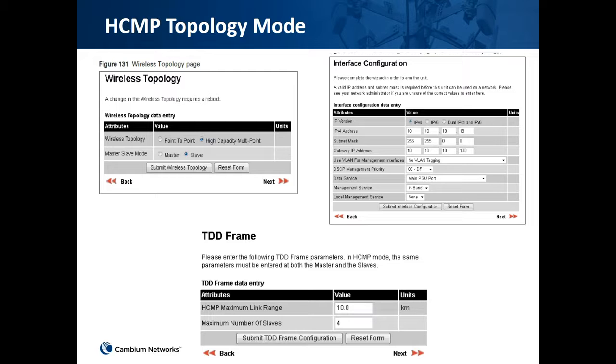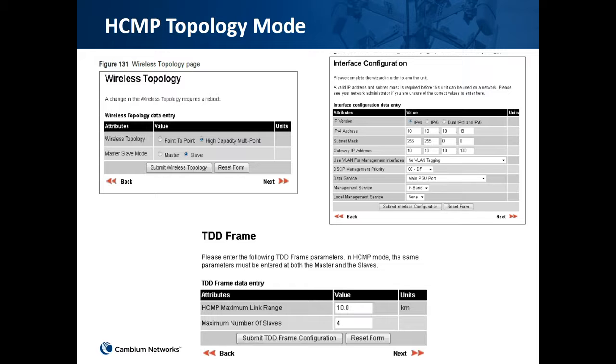But you need an encryption license key for the HCMP to act as a master, while for HCMP to act as a remote or a slave, it's by default. So you don't need any keys for HCMP as a slave. You just need a software key which is used for the master part of it.